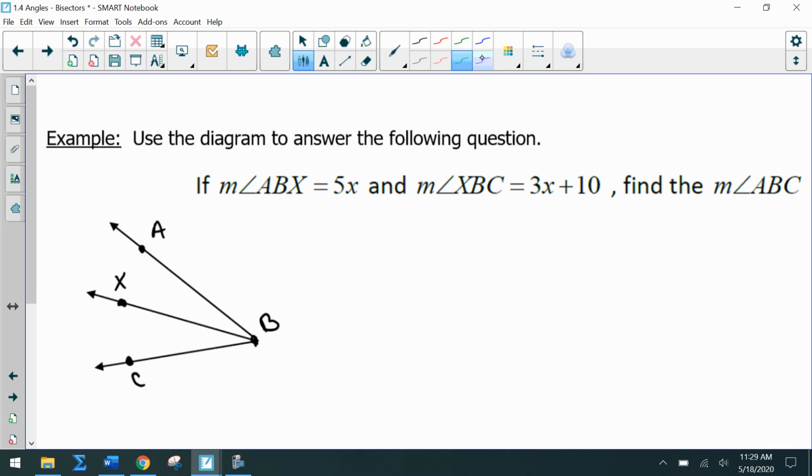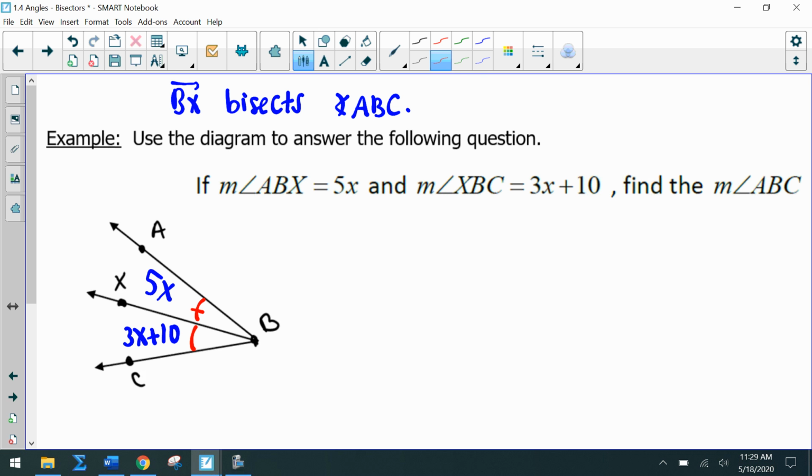Okay, so let's work on an example. We know that the measure of ABX is 5x, and the measure of angle XBC is 3x plus 10, and we want to find the measure of angle ABC. Here, BX, I think this got cut off, bisects angle ABC. If that is the bisector, we have to mark the angles congruent.